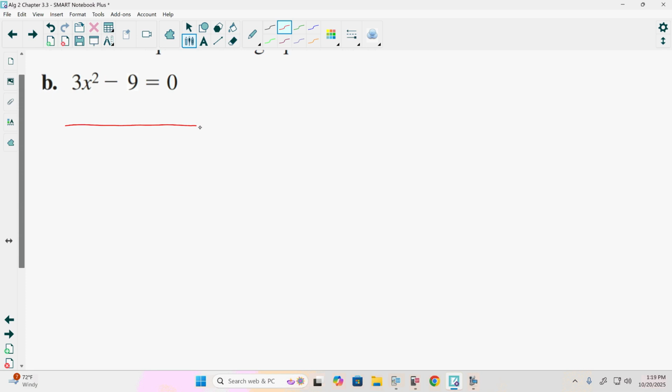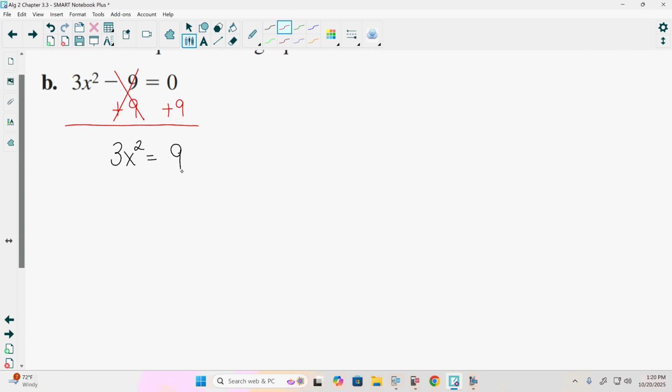Now the first step in the square root method is to get the term being squared, or in this case x squared, by itself. We want to get it by itself first. So the first thing we can do is add 9 to both sides. Because when we add 9 to the left-hand side, it leaves us with 3x squared. Now our 0 plus 9 is 9.